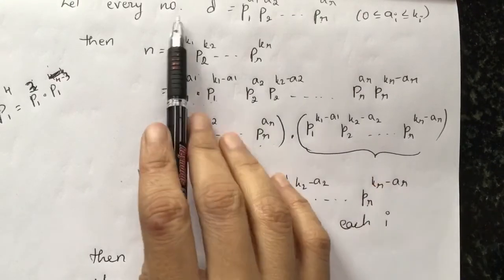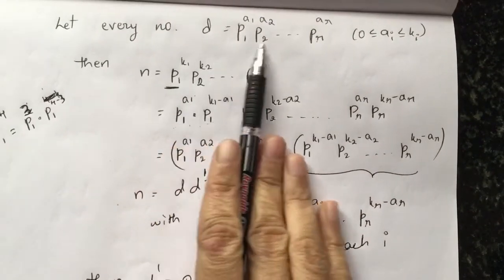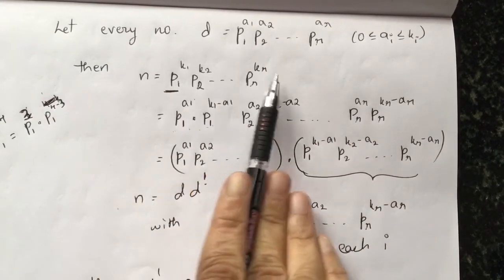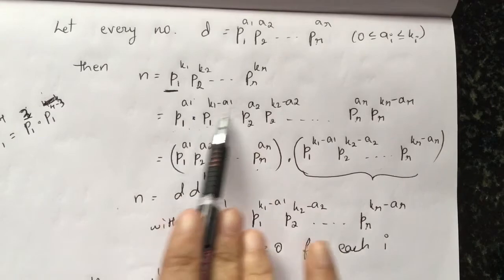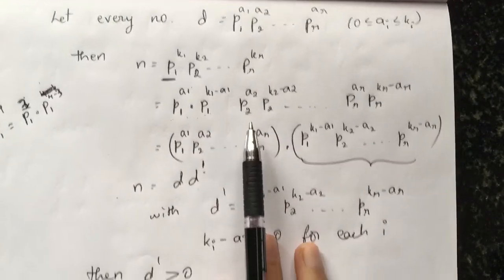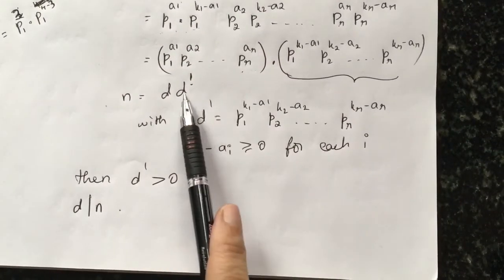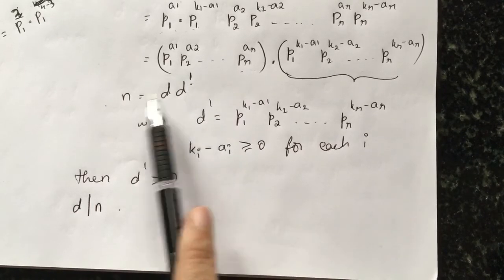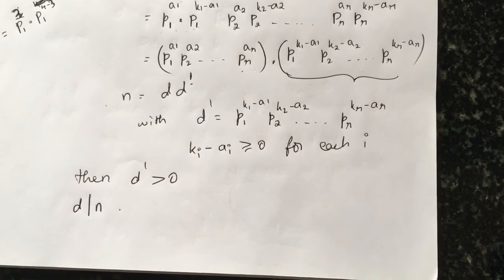That is what the thing is. I have simply taken d as a product of primes, and when I write n as a product of primes, I am just rewriting this into d dash. I am showing that this d dash is greater than 0. That implies d divides n.